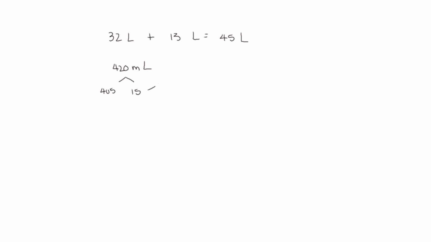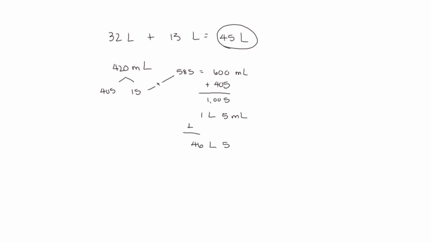We could then add the 15 to the 585, and that would give us 600, which is an easy one to do mental math with. Then we could add the 405, and we get 1,005, which is 1 liter and 5 milliliters. We'll add in the 45 from here, so we get 46 liters, 5 milliliters.